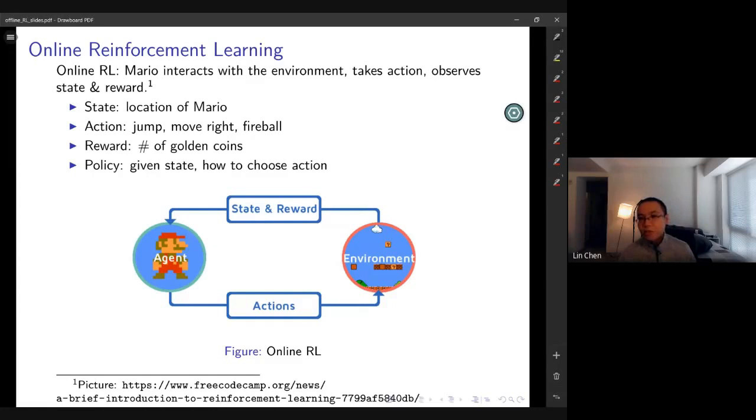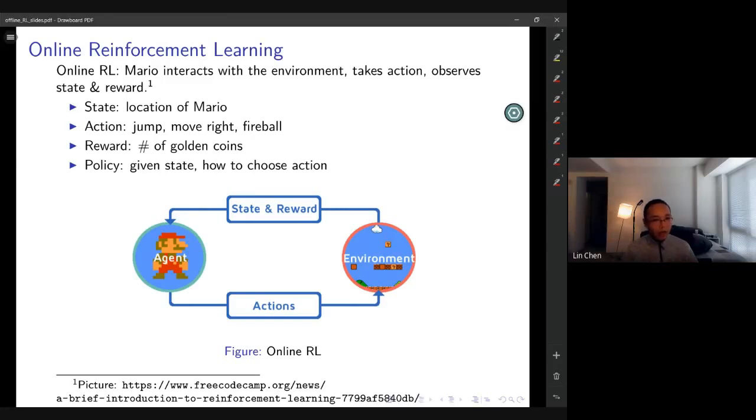In the Super Mario game, the state is the location of Mario, and also whether Mario is small or large, and whether he can throw fireballs or not. At each time, Mario can take 3 different actions: jump, move right, and throw fireball. And the reward is the number of golden coins that Mario obtained.